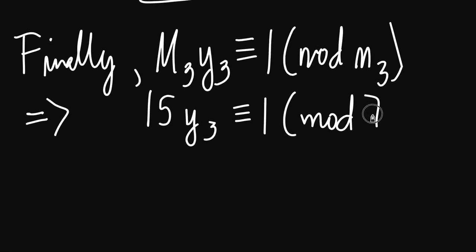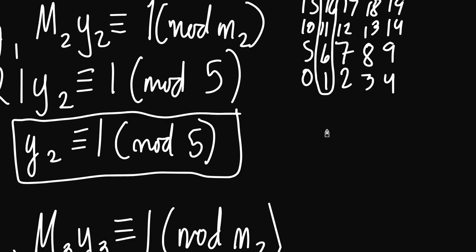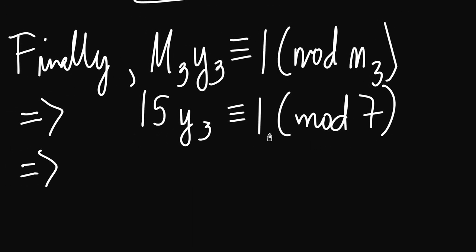So put 7 there. If you check the same analysis that we did for our second y, we will also do that for our third y. Since this is mod 7, 15 divided by 7 will yield a remainder of 1. So that will give us 1.